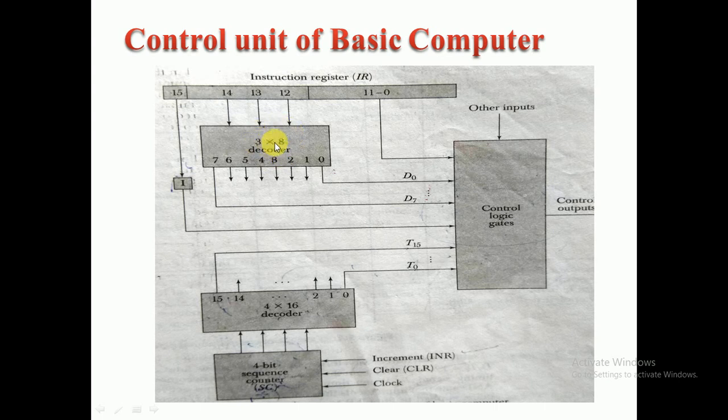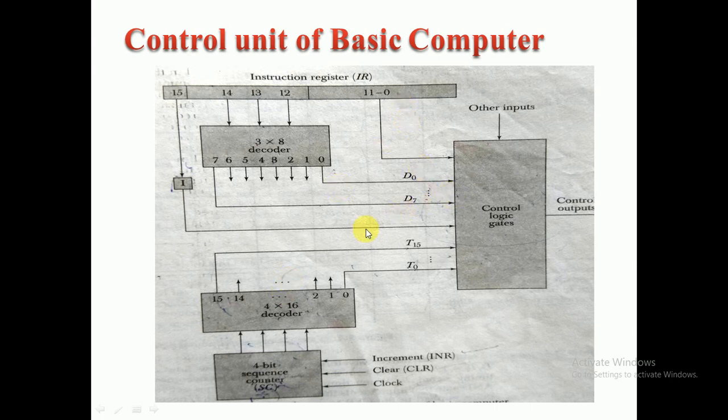The decoder receives the binary code from bits 12, 13, 14 and decodes it into D0 to D7, which are further connected to the control logic gates. Bit 15 of the instruction register is transferred to the flip-flop that is represented as I, and bits 0 to 11 are applied to the control logic gates.